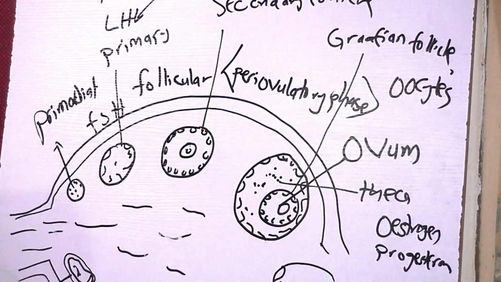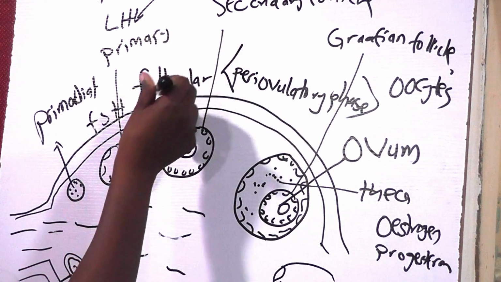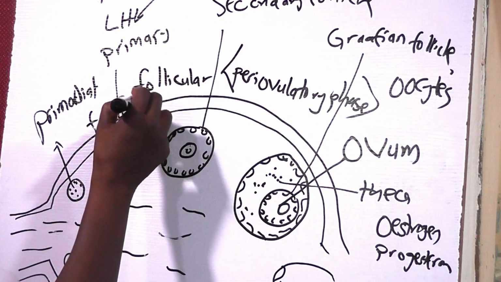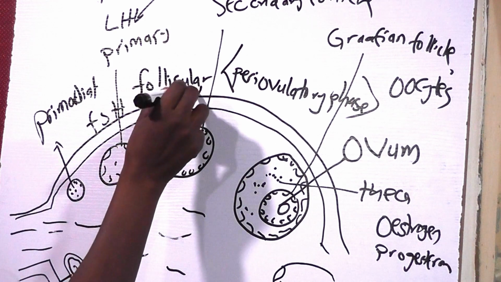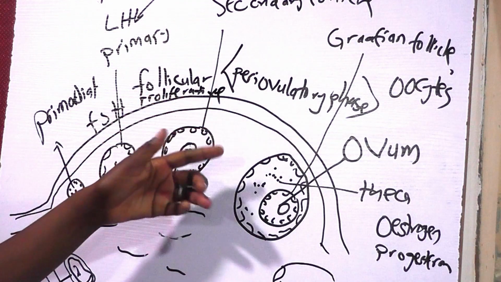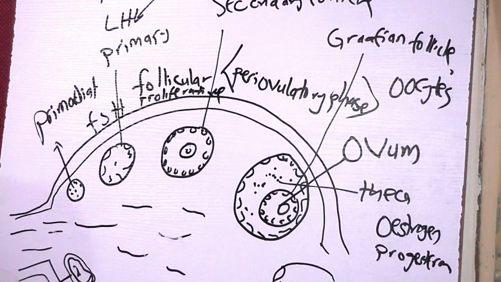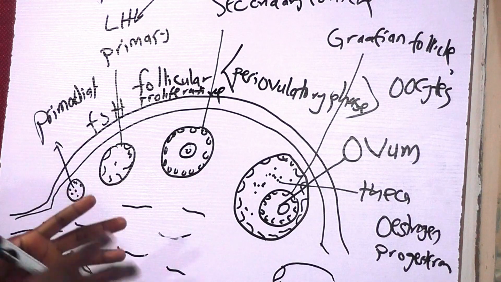So the follicular phase also occurs concurrently with the proliferative phase of the menstrual cycle. In the proliferative phase, there is multiplication of these follicles till maturity.